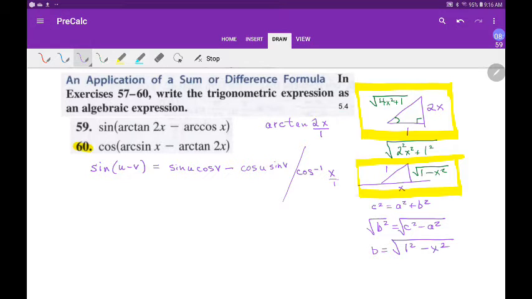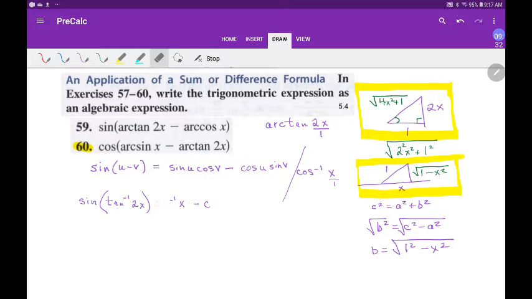Okay, so let's see, we're going to say the sine of inverse tangent times the cosine of the inverse tangent of x, minus the cosine, I messed that up, didn't I?